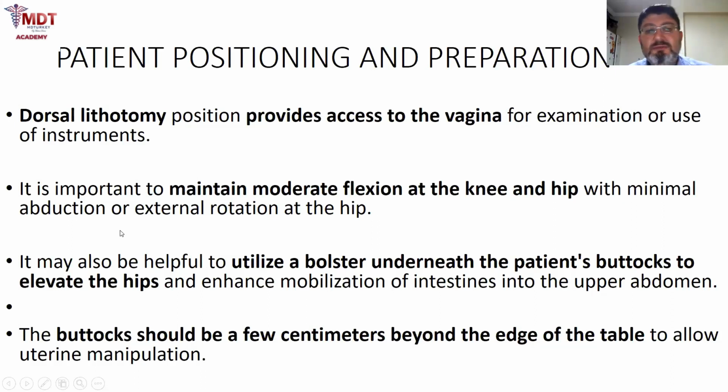In this position, you maintain moderate flexion at the knee and the hip with minimal abduction and external rotation of the hip. You can use a bolster underneath the patient's buttocks to elevate the hips, and the buttocks will be a few centimeters beyond the edge of the table, because that allows you to manipulate the uterus.